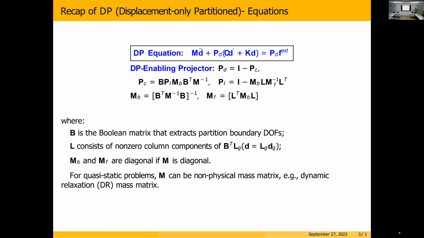Okay, that's how you assemble. And in the same way, if you use this connectivity table, you can create LG automatically. It's 1, 0, 1, 0, 1, 0. Okay. So it's a very simple thing to generate LG. So that's the governing equation.